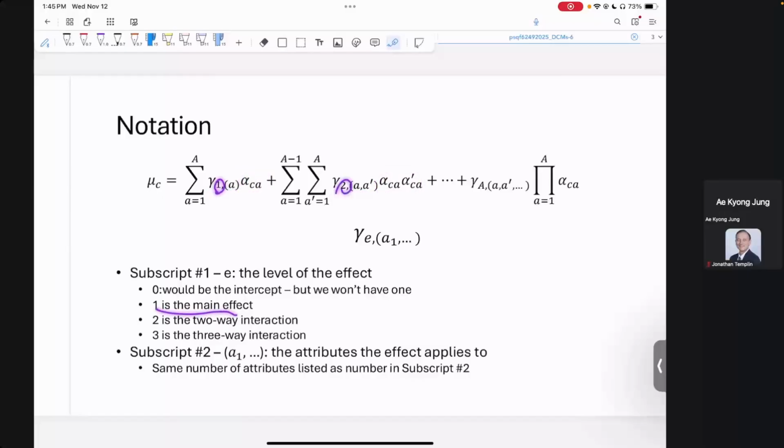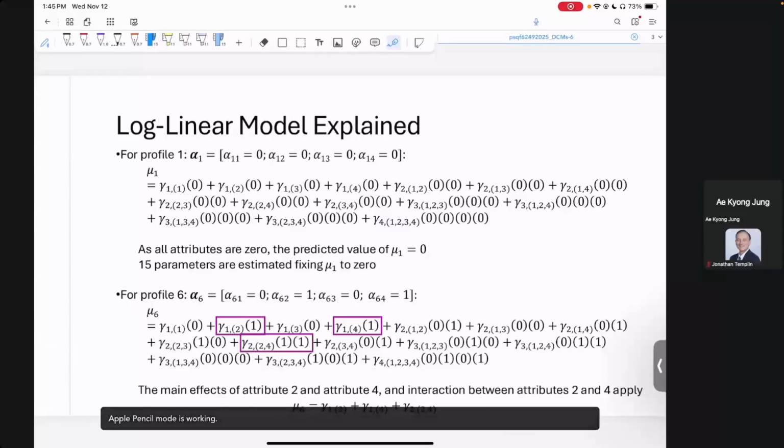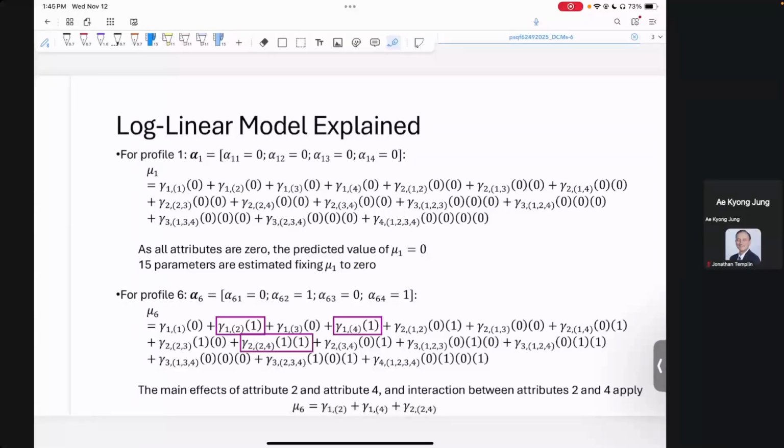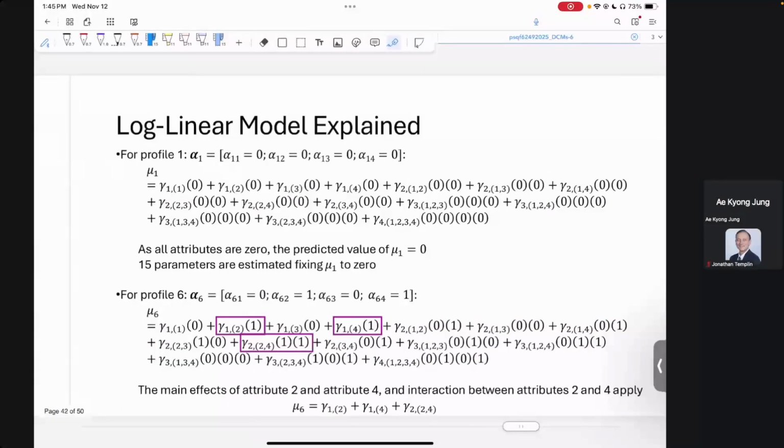If it is 2, it's a two-way interaction. In profile number 1, this class 1 has a profile 0, 0, 0, 0. So we plug all 0s into this model, and then all the terms will be eliminated. So mu1 equals 0. That's why we have 15 parameters to estimate, because this one is fixed to 0.